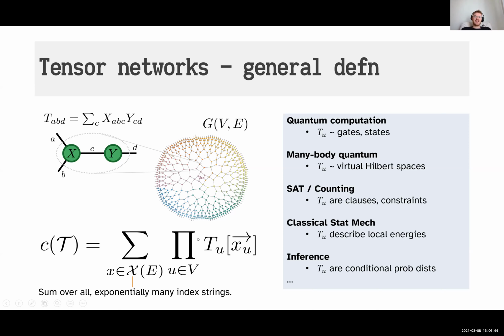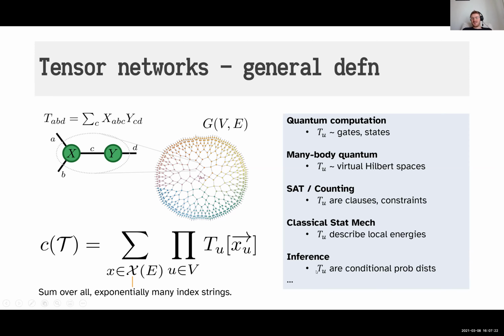But you can also just replace these with local constraints, clauses that denote satisfiability constraints. If this is a big product, you're basically requiring, by multiplying all of these things together, that every single constraint is satisfied. And then in classical stat mech, these tensors represent local energies, and by summing over the exponential of these energies, you have a direct way to compute partition functions.